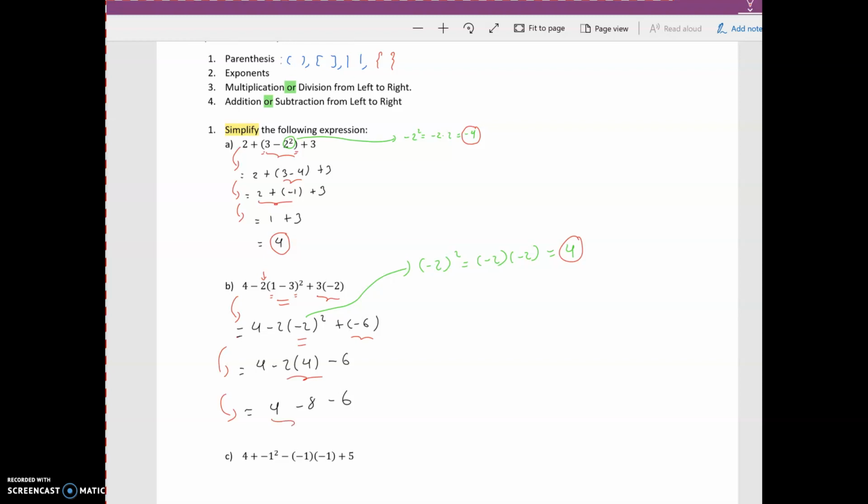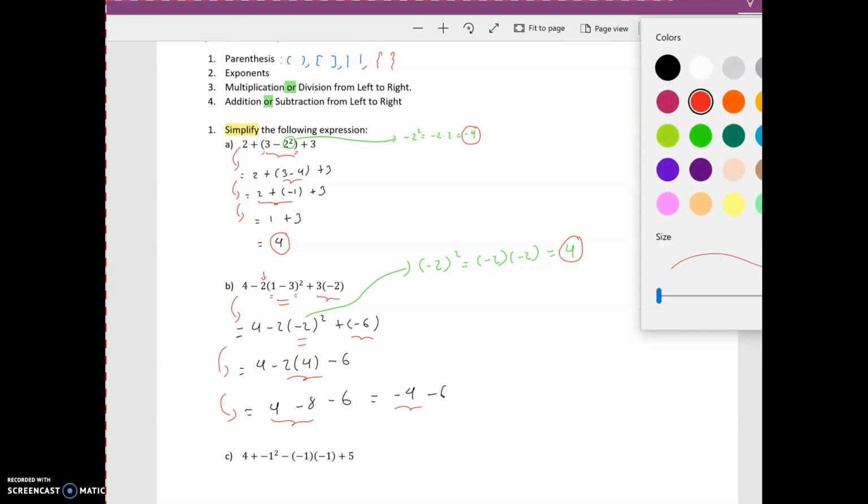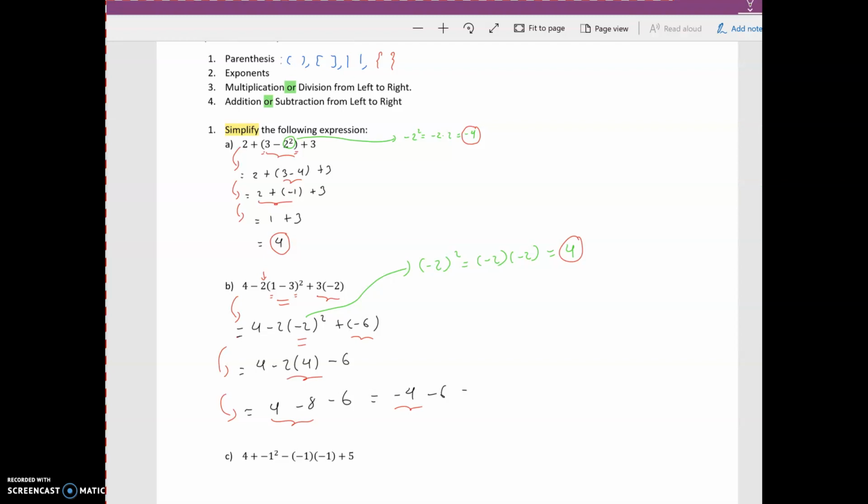And from left to right, we're going to end up with the following. In this case, this is equivalent to 4 minus 8, that's a negative 4 minus 6. And our final answer for this one is equal to a negative 10.